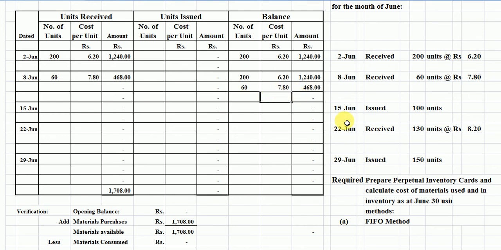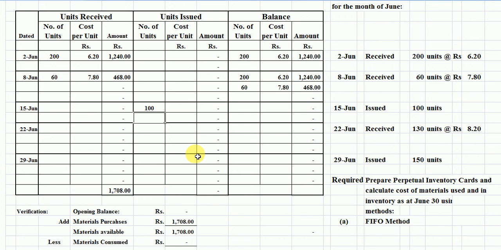Now students, the third transaction, 15th June issued. Issued means units sent to production, 100 units here. Now in column units issued here we have to record 100 units.